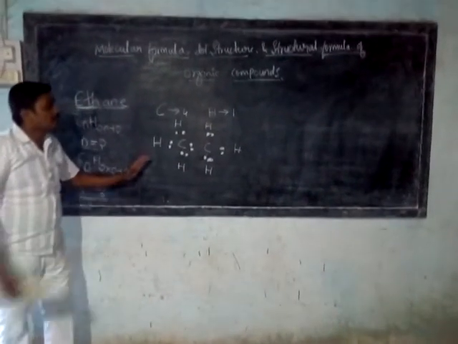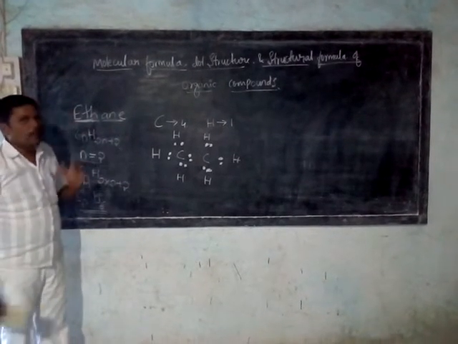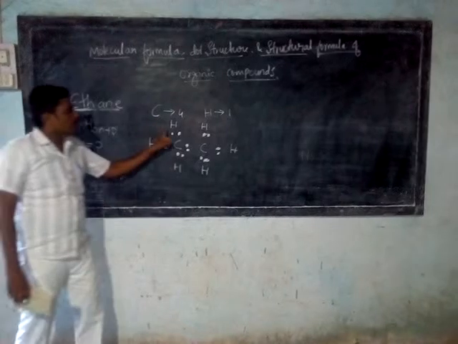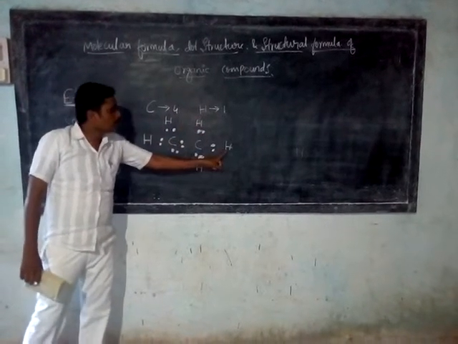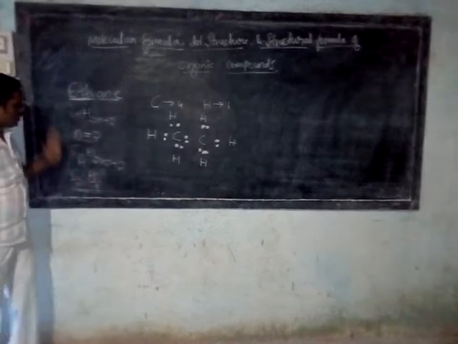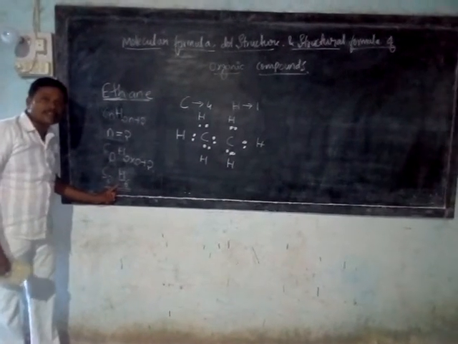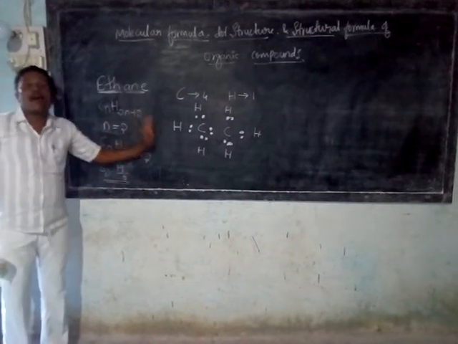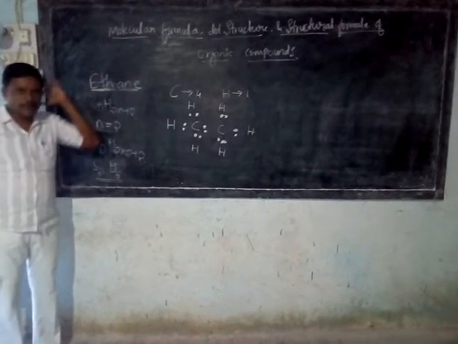How many hydrogens are there? 6: 1, 2, 3, 4, 5, 6. In the formula also there are 6 hydrogens. Like this we have to balance the hydrogen atoms correctly.